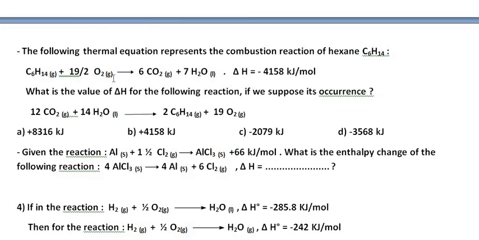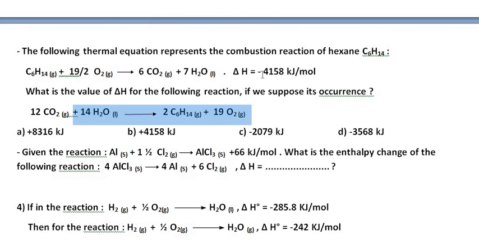In this reaction, what is the value for delta H of this reaction if we suppose that it occurs? We note also that this reaction is the opposite of the first one. Carbon dioxide here is a product, here is a reactant, and also multiplied by 2. So the answer of the second one, delta H of this reaction, is the opposite of this one.